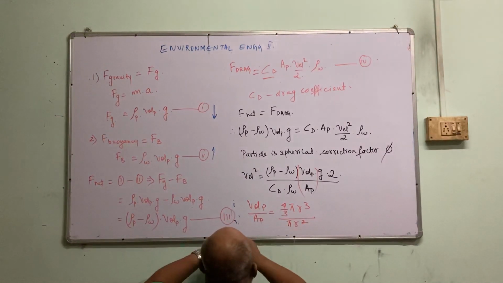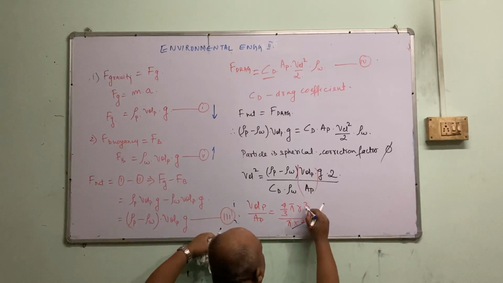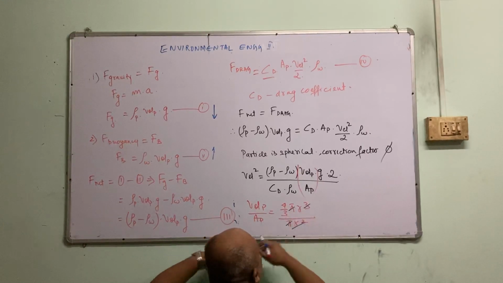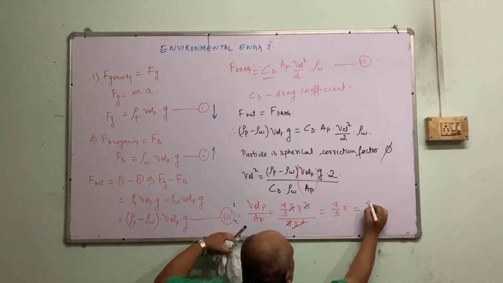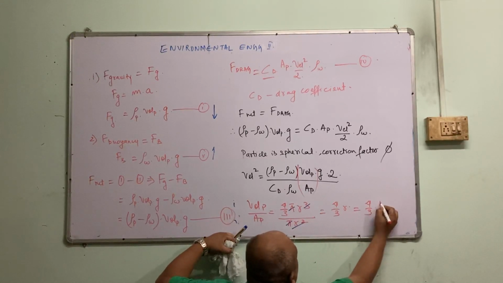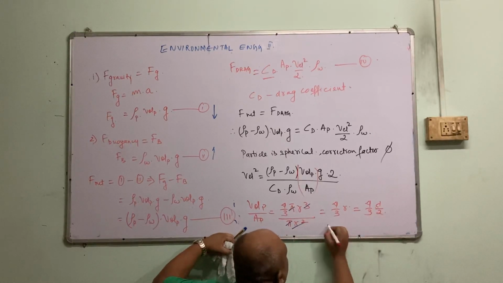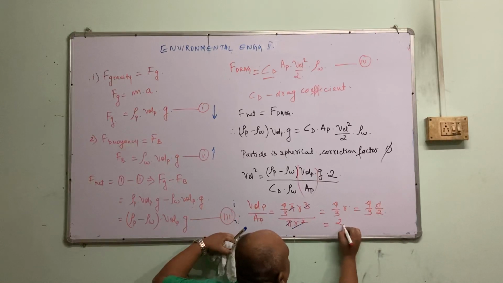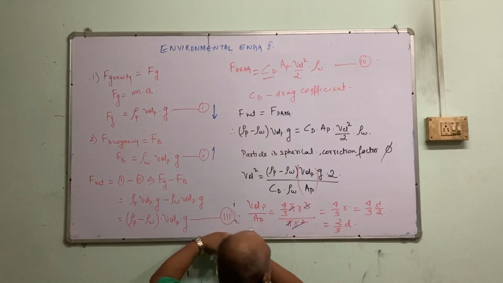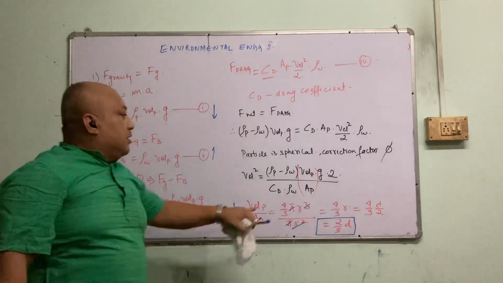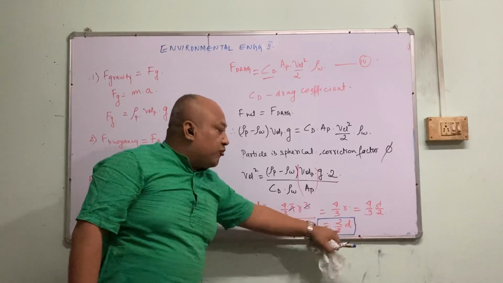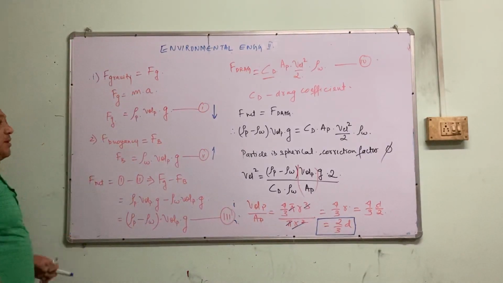If we cancel r square in r cube and pi in pi, we get 4 by 3 r. 4 by 3 r is equal to 4 by 3 d, where d is the diameter, divided by 2. So we get 2 by 3 of d. So the volume of the particle by the area of the particle is equal to 2 by 3 of d.